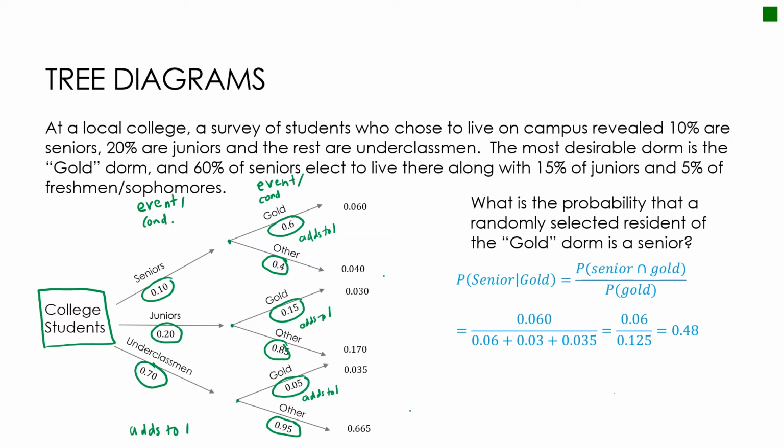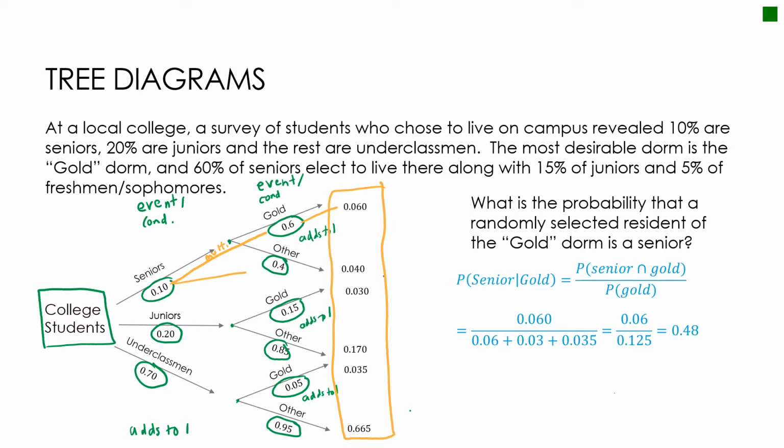Now, the big idea with tree diagrams is this column right here. This is the whole purpose of making a tree diagram. So first, let's talk about how to find those values. To find this value, I'm taking 0.1 times 0.6, and that gives me 0.06. Remember, I'm multiplying because these are multiple events occurring.